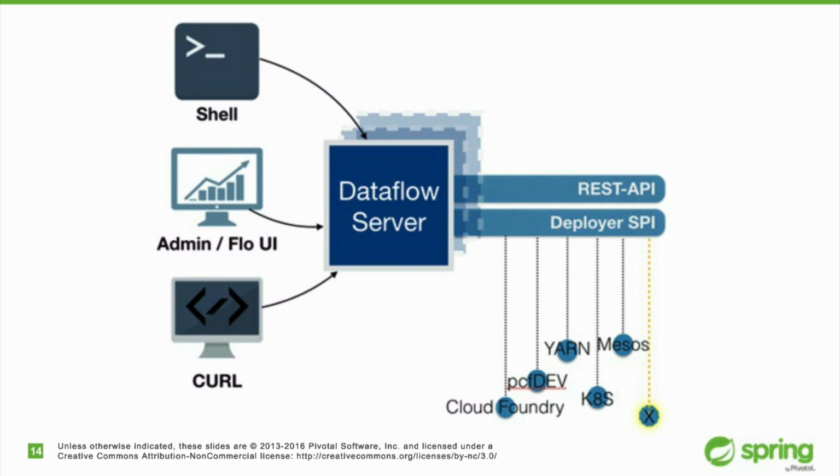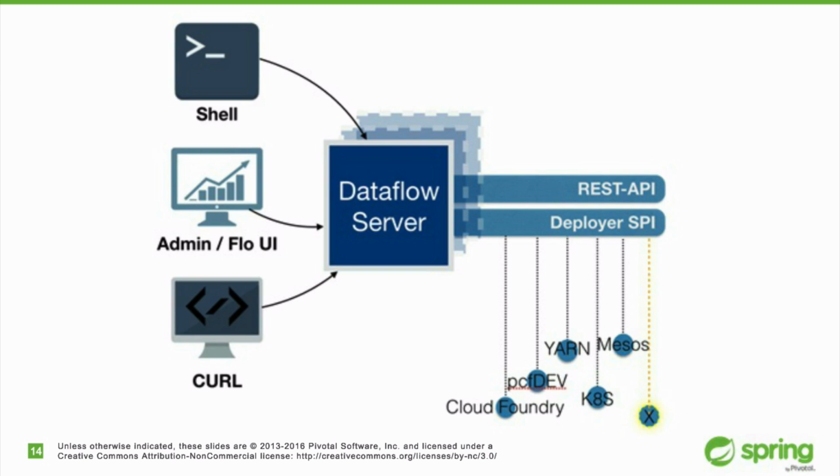So it's delegating to a deployer service provider interface, and we have a variety of implementations, basically four of them: Cloud Foundry, Apache Yarn, Apache Mesos, and Kubernetes. So the same interaction in the shell and the UI can be portable across all of these target platforms.